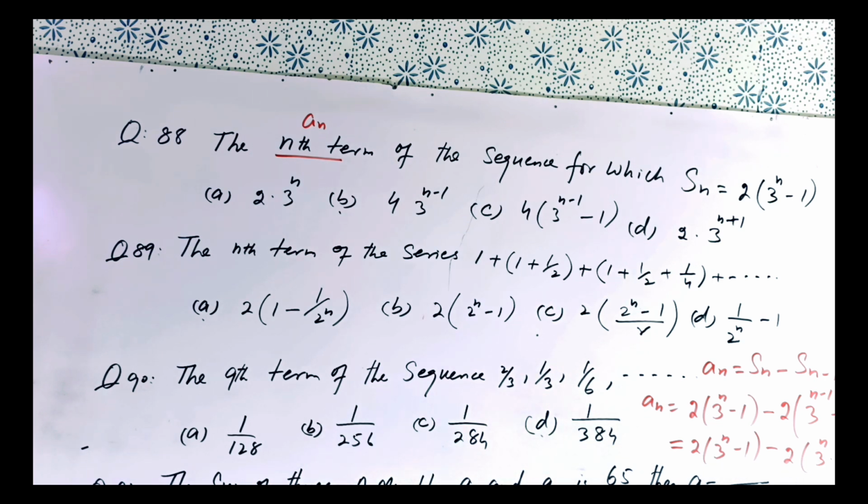We can write 2 into 3 power n minus 3 power n into 3 power minus 1, plus 1 and minus 1 both cancel each other.